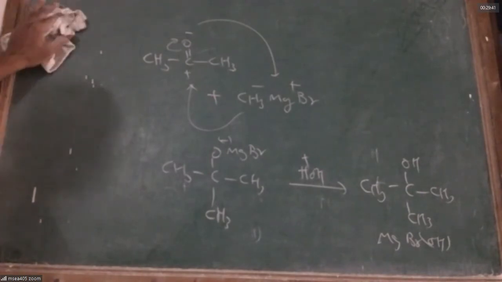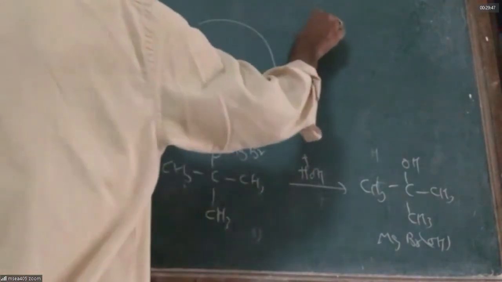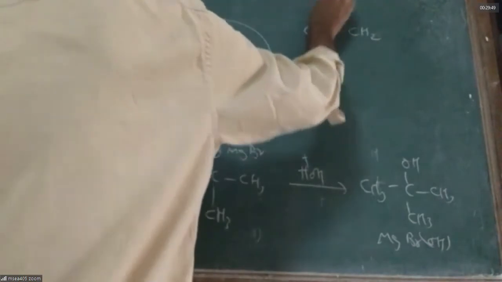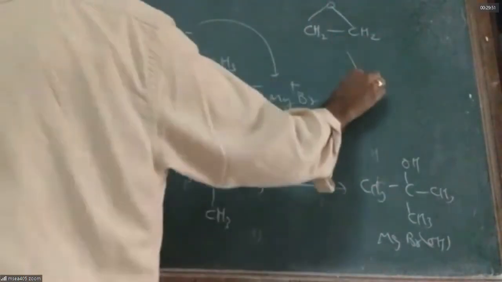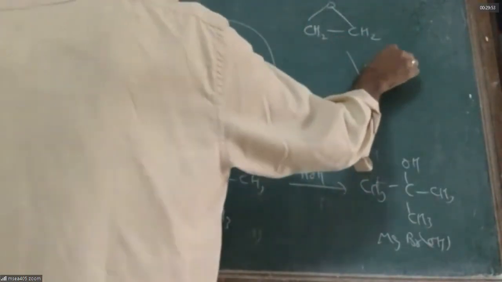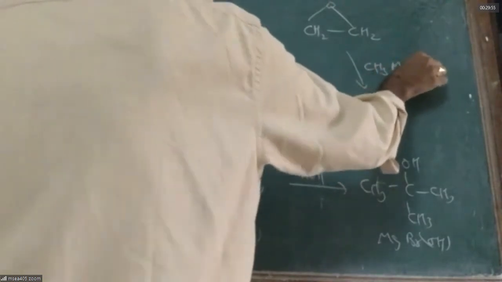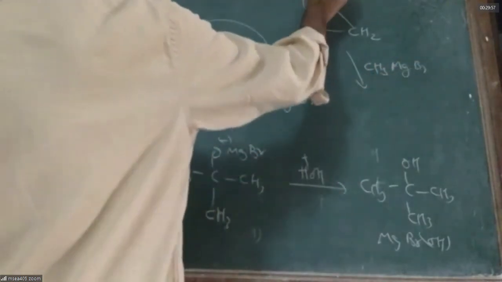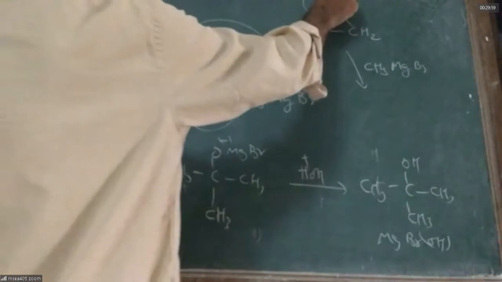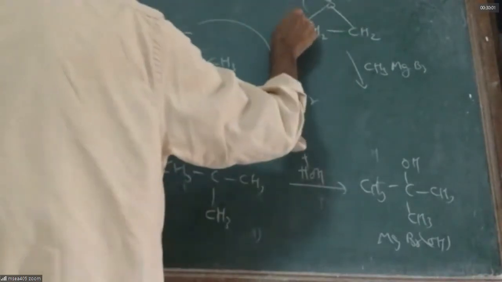Now, instead of taking carbonyl compounds, formaldehyde, any aldehyde or ketone, you can also take cyclic ether called epoxide. If I take epoxide and react with Grignard, notice oxygen will take away the bonded electrons and become minus. Carbon will become plus.